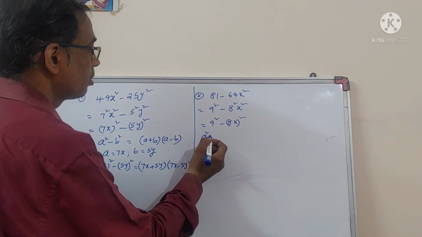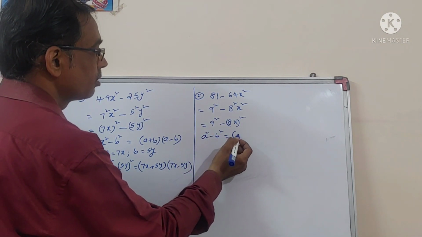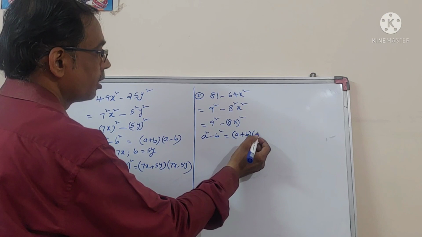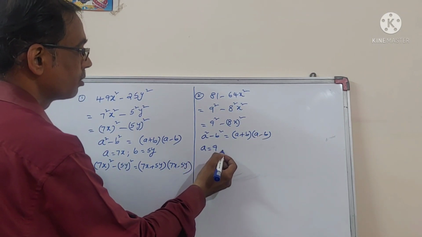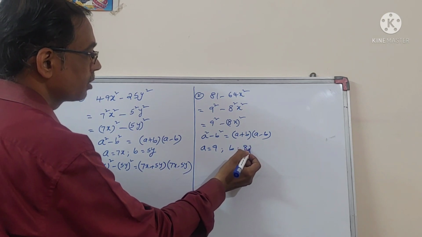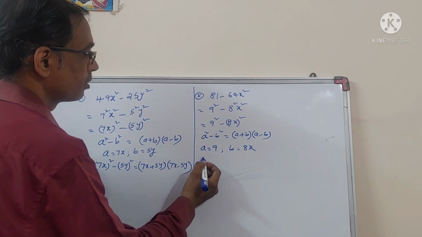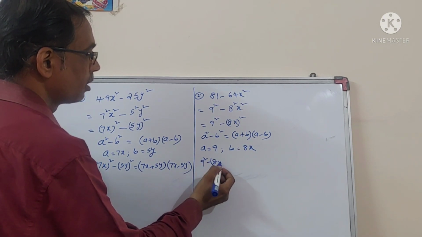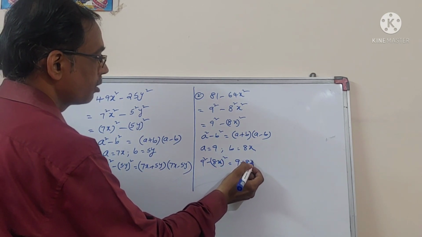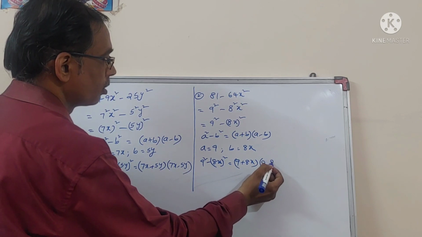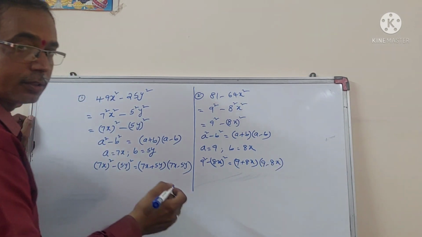Again apply the same formula: a square minus b square is equal to a plus b into a minus b. Now we write a as 9, b as 8x, that is 9 square minus 8x whole square is equal to 9 plus 8x into 9 minus 8x.